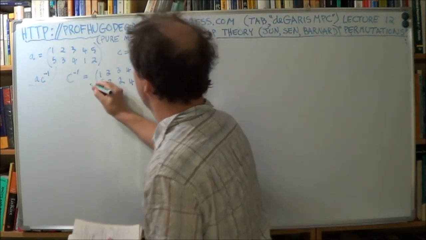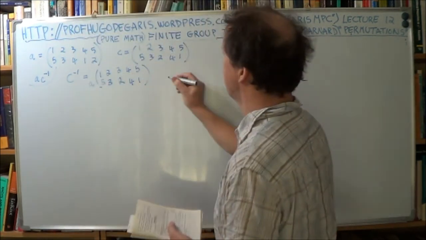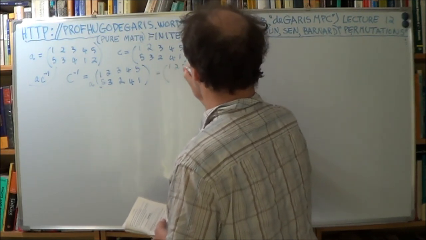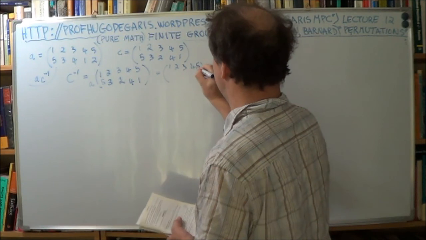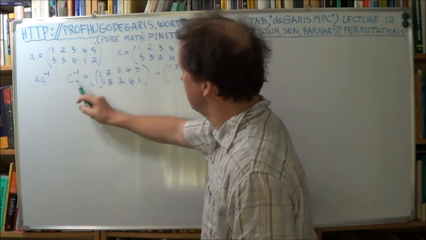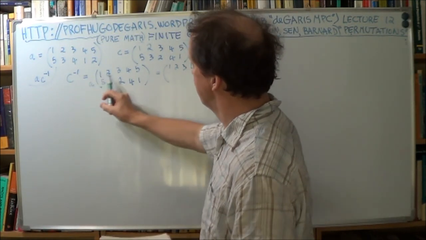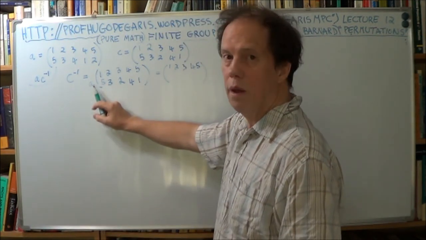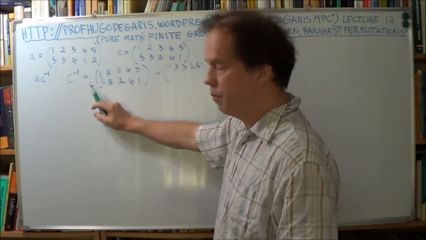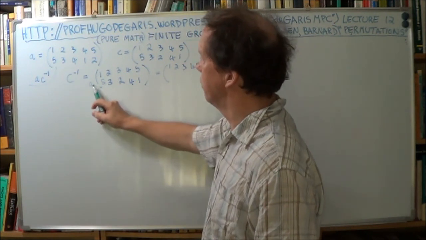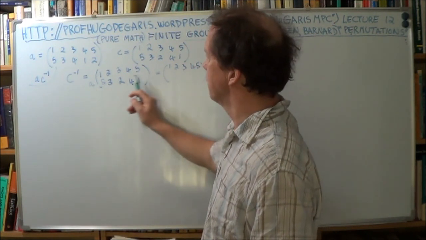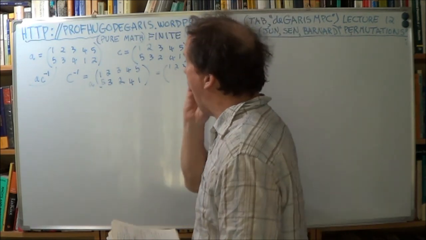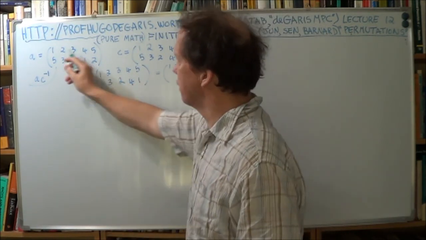A of this will be 1, 2, 3, 4, 5. So we're doing C inverse first, and then applying the second permutation, A, which we write here on the left side. So this is the first permutation, this is the second. We did this one first and then this one.